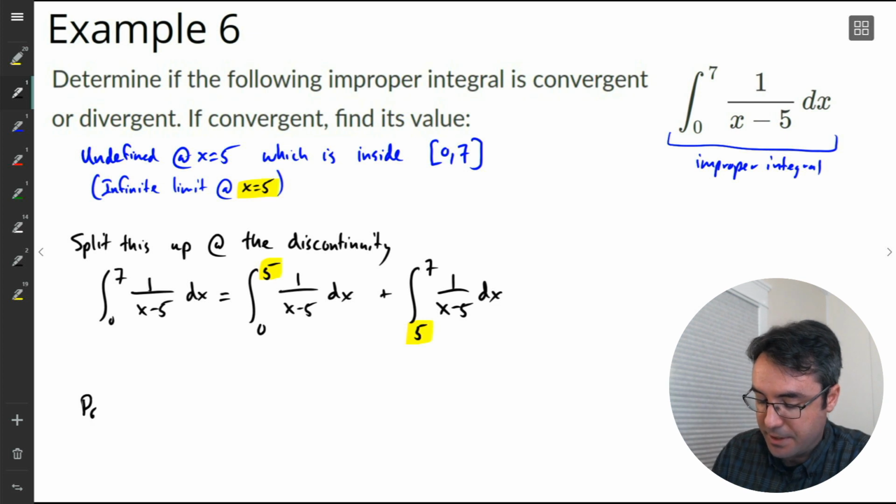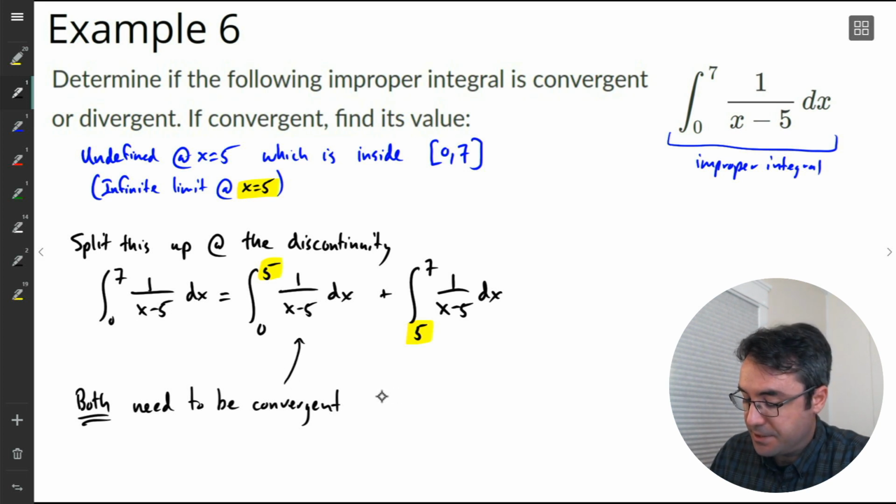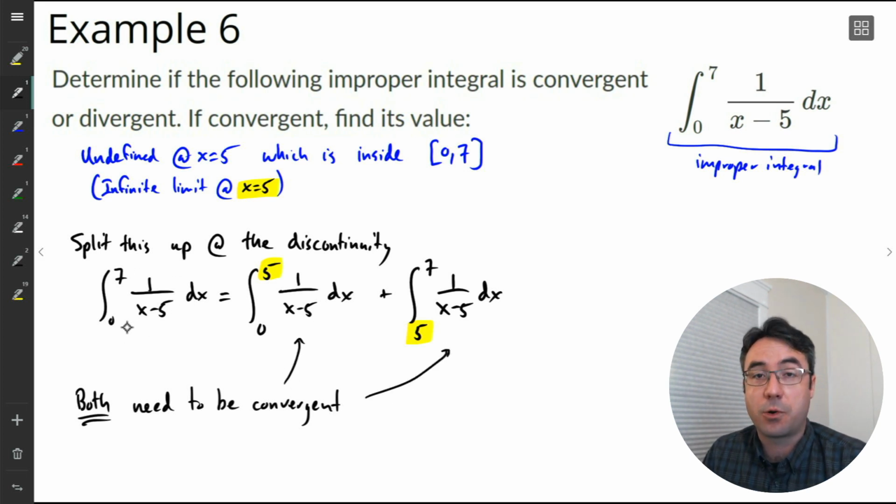That's a key thing to remember here. If we're going along in our work and we find that just one of them is divergent, then we can stop. Automatically, the original improper integral is divergent. So both of these need to be convergent for our original one to be convergent as well.